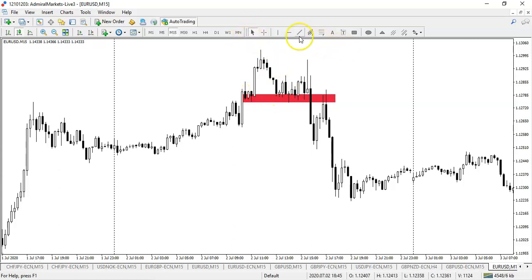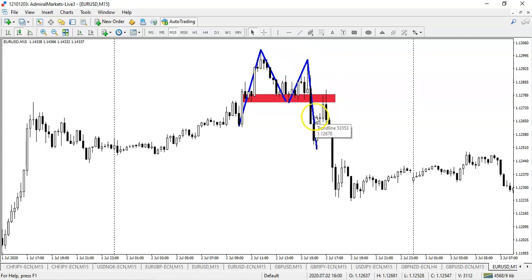Now we have a push up like this, a push down. The second leg forms, and then we see a drop.